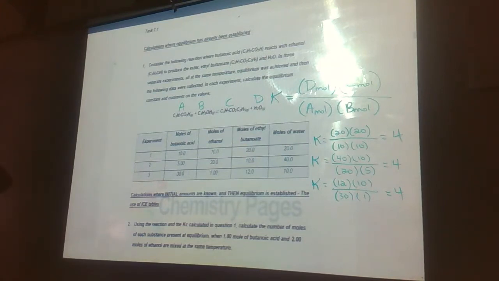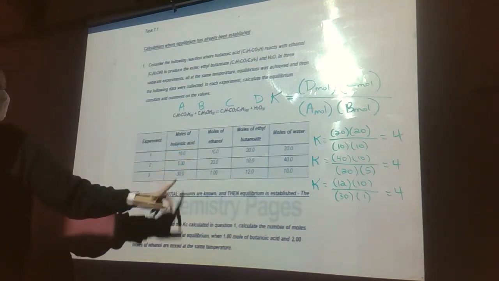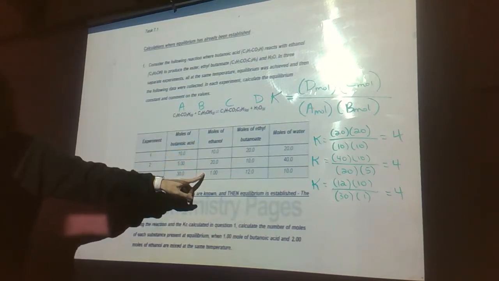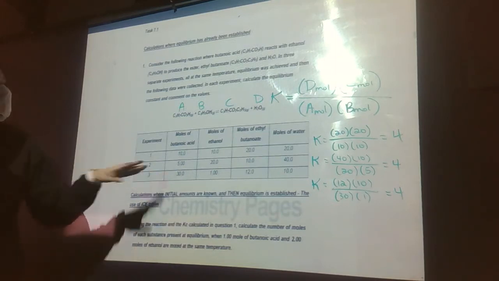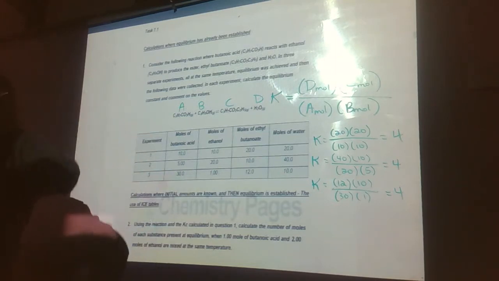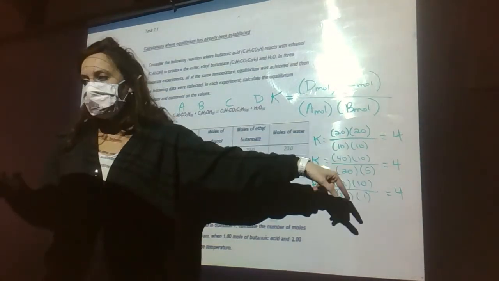So if they're all at the same temperature, changing the moles of reactant, 10 and 10, 5 and 20, 30 and 1, does not change your equilibrium constant at the same temperature. As long as temperature is constant, your K is going to be constant. It's going to even itself out to where the equilibrium constant is always the same at the same temperature.